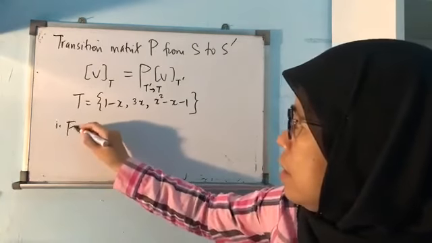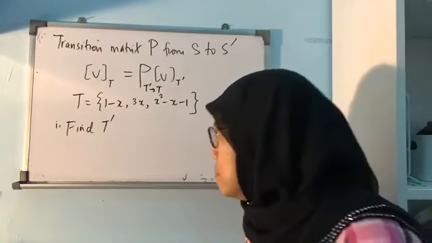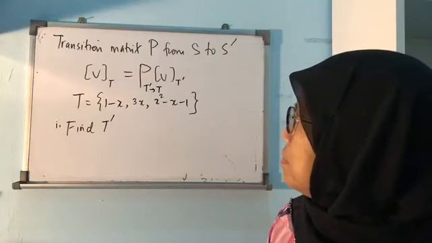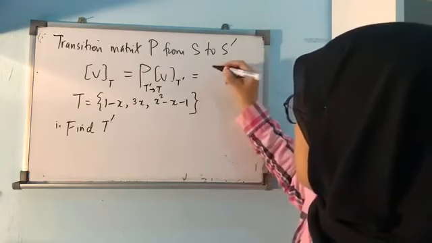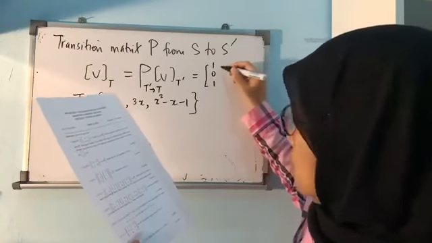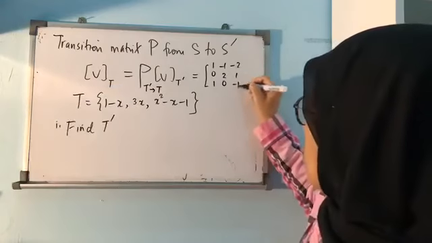Question is find T prime. Oh, you given the P. P is given to be 1, 0, 1, negative 1, 2, 0, negative 2, 1, negative.